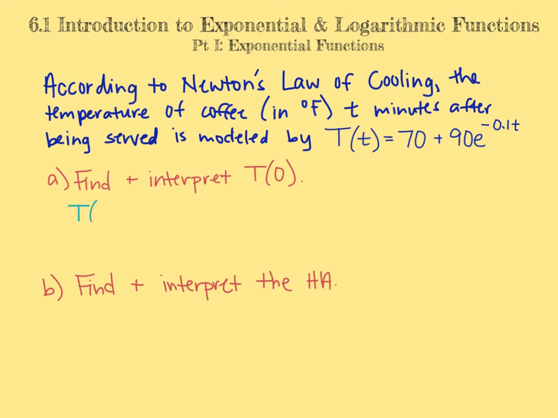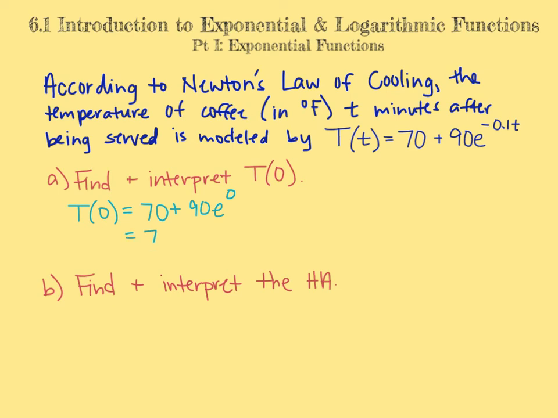So T of 0 means plug 0 in. So when we plug 0 in, we'll have 70 plus, I forgot the 90. That's important. So 90 E to the 0. And E to the 0, since E is just 2.7 approximately, it's just 1. E to the 0 is just 1.